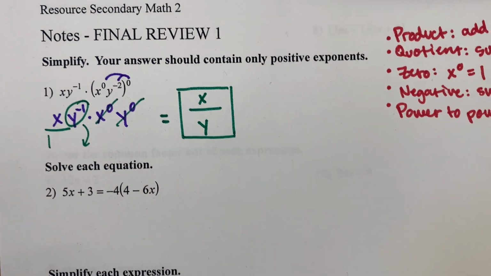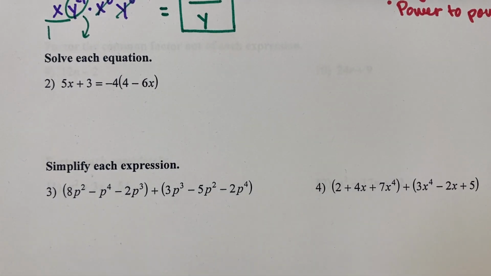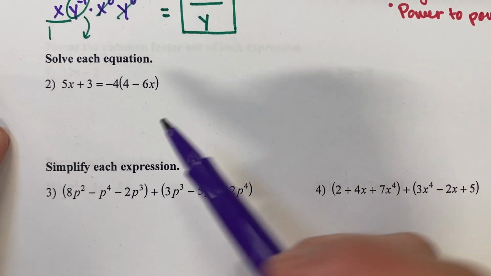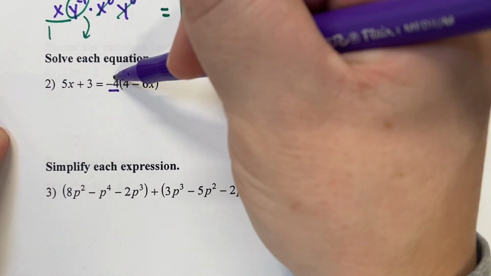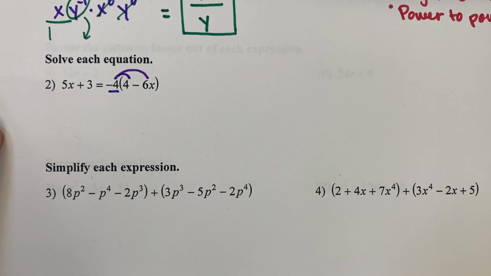For number 2, we are simply talking about solving an equation. We've been solving equations, solving for a variable since the first day of last year, right? We've been doing this for a while. So whenever you see parentheses though, like you do right here, you have to use the distributive property, which means you take the number in front and it has to distribute or multiply to everything inside.